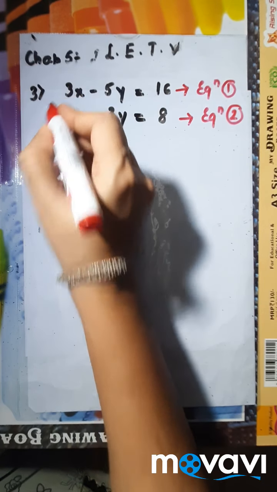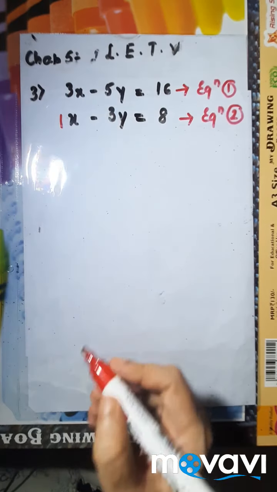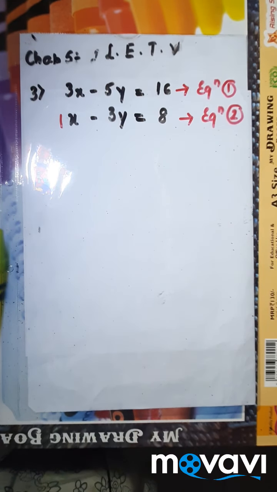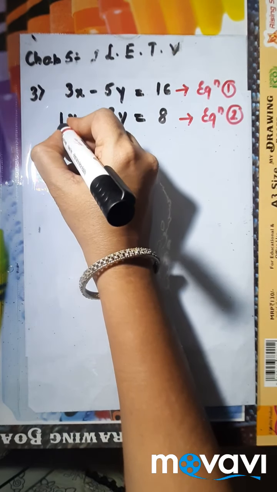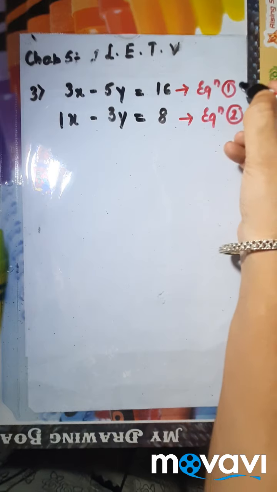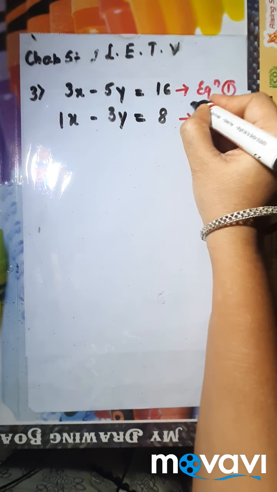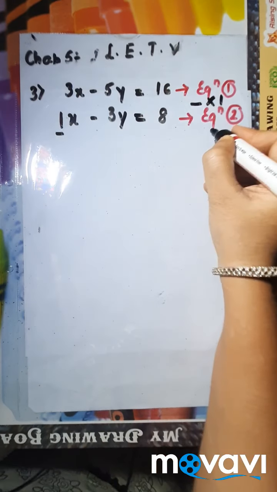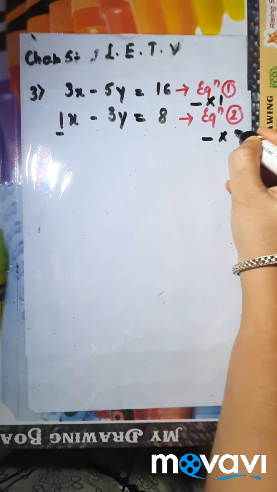Now look at the coefficients. This is 3 and here the coefficient is 1. This is 5 and here the coefficient is 3. So the coefficients are not the same, so we have to make them the same. Now look at this: 1 and 3. Isn't this better? So I'll multiply equation 1 by 1 and equation 2 by 3.